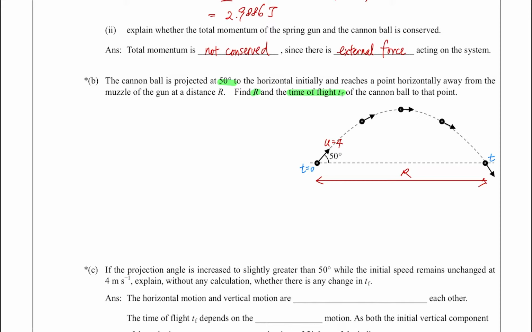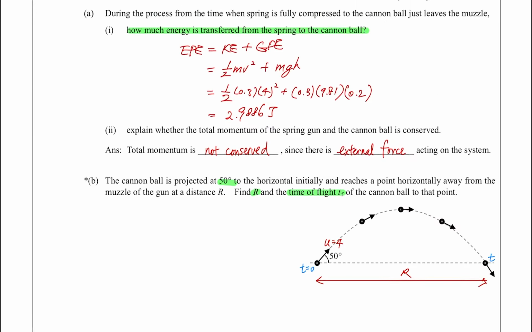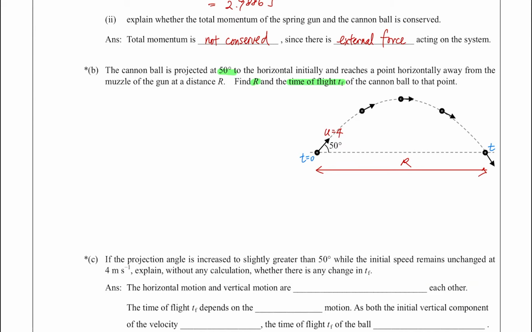Firstly, what do we know about it is, when it returns to the same level, we know that Sy is equal to 0 when it returns to the same level. So we can focus on the vertical motion.